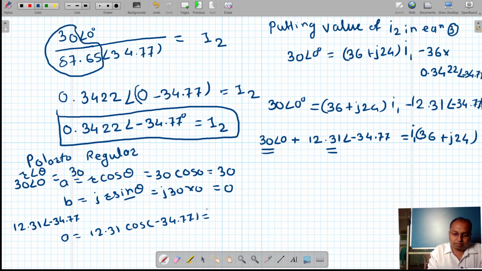Let us calculate this: 12.31 cos of minus 34.77, its value is coming as 10.11. Now let us calculate b. b is j R, R is 12.31 sine of minus 34.77.